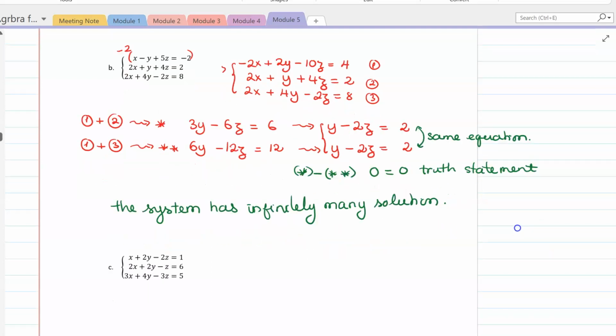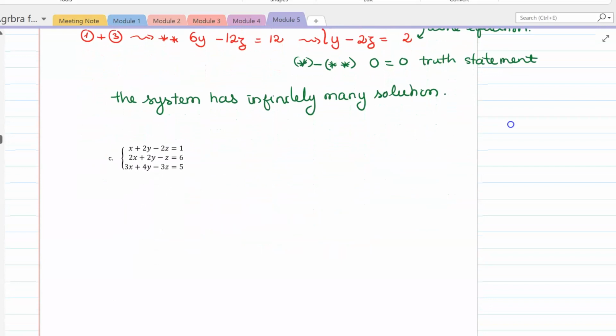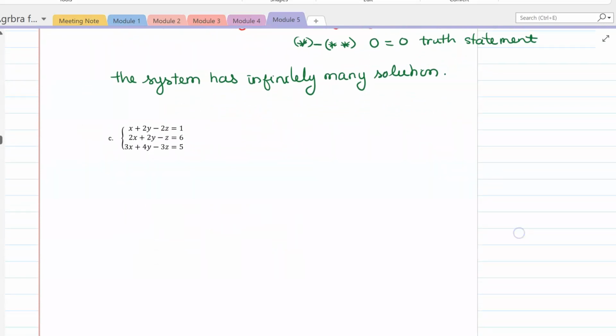Let's take a look at the third problem. Again, I'll go ahead and solve this using elimination. This time I'll try to eliminate y. So take equation 2 and I will add it with the negative of equation 1.